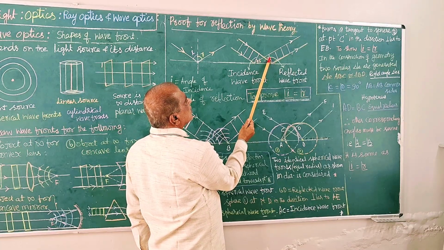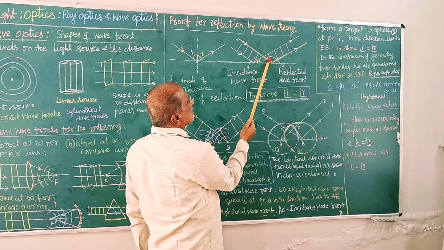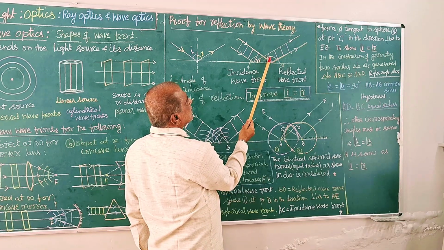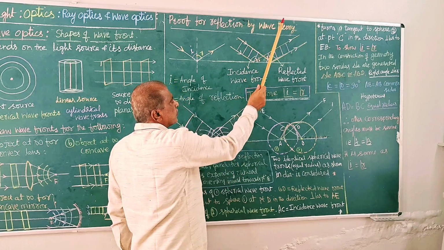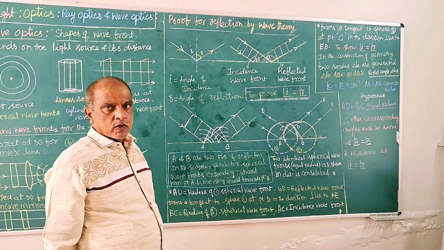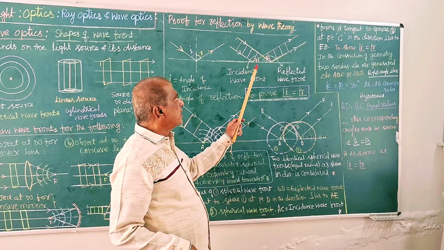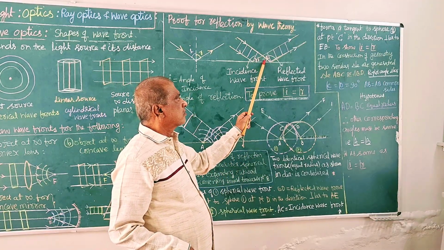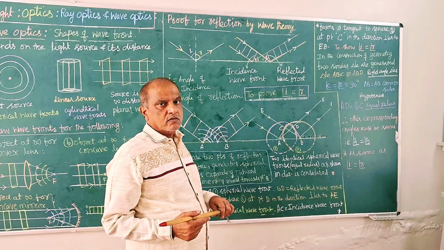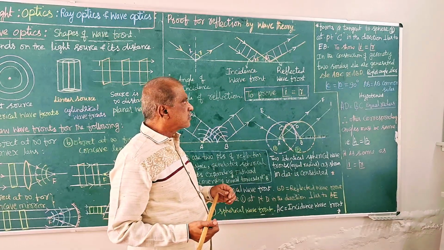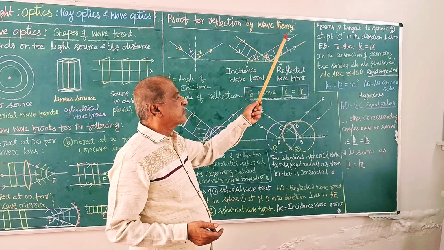This plane is the first reflected wavefront. And the angle between this plane and the surface is called the angle of reflection, according to wave theory. We have to show that i equals r. This is the law of reflection in accordance with the wave theory.